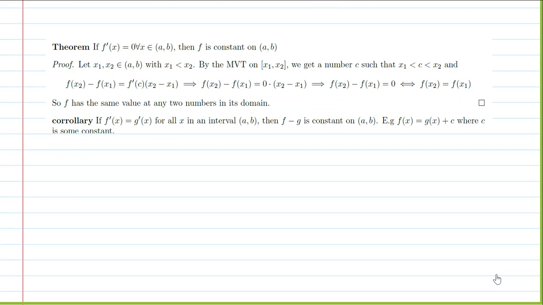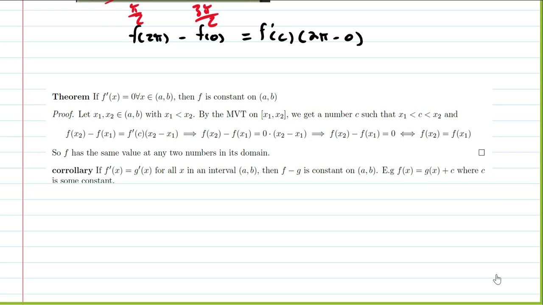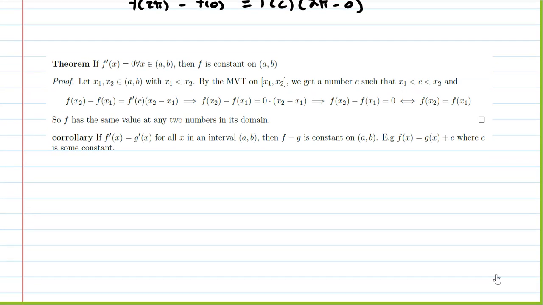So our theorem says if f prime of x equals 0 for all x in AB, then f is constant on AB. So there are a couple things we want to take note of, so some symbols. We have what is called the Universal Quantifier. That's this guy.